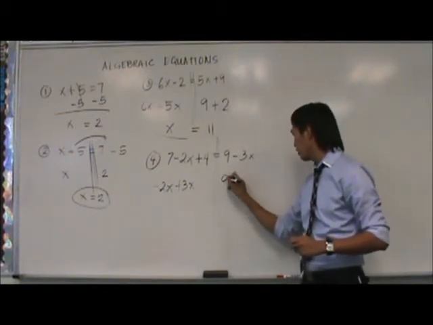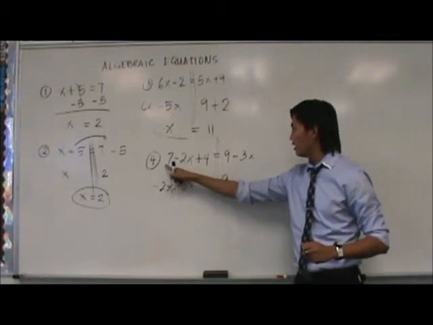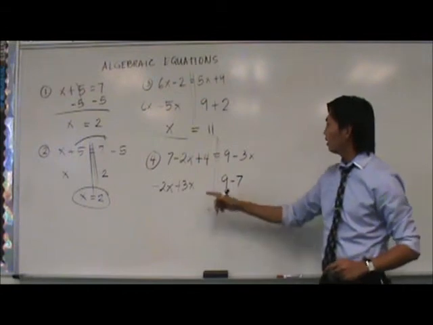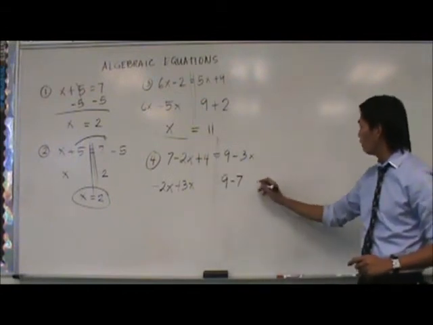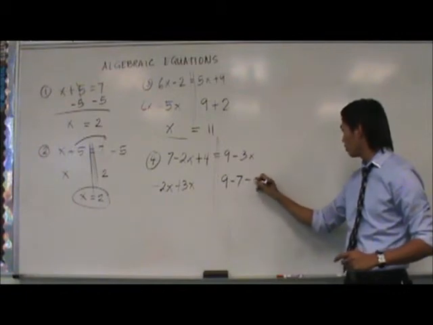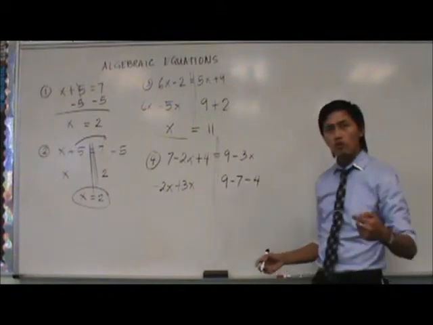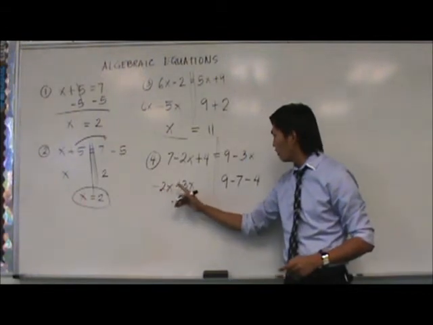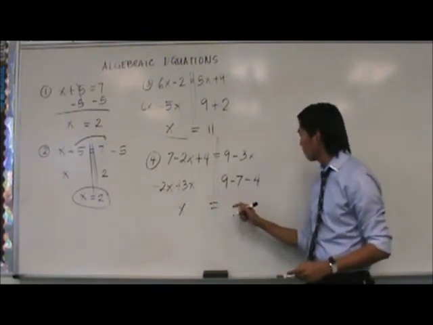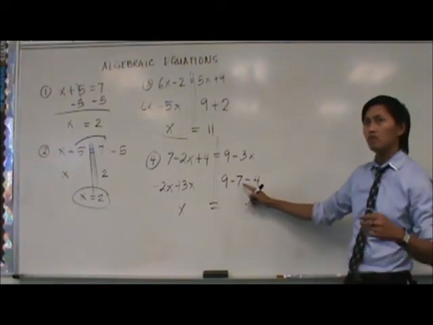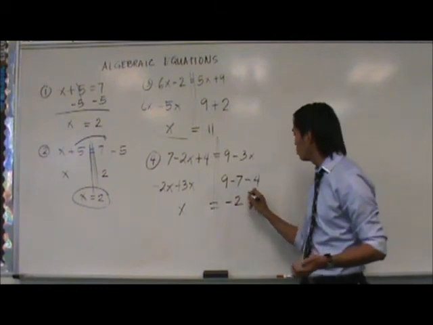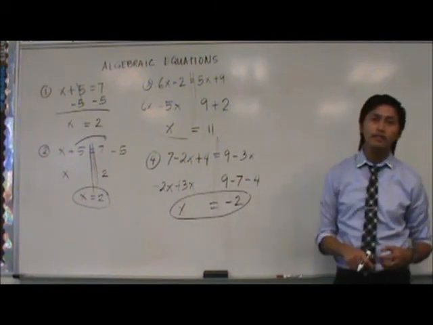So we're just going to write down 9, and that 7, if you move that over, becomes minus 7, and that plus 4, move that over, becomes minus 4. Using your mental math, negative 2 plus 3 is 1x, or simply x, equals 9 minus 7 is going to give you 2. Minus 4 will give you negative 2. And that is the final answer.